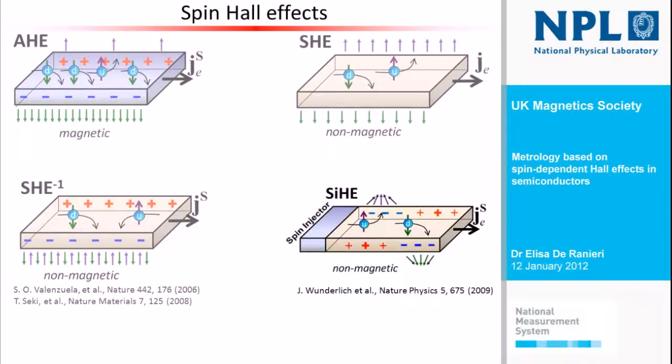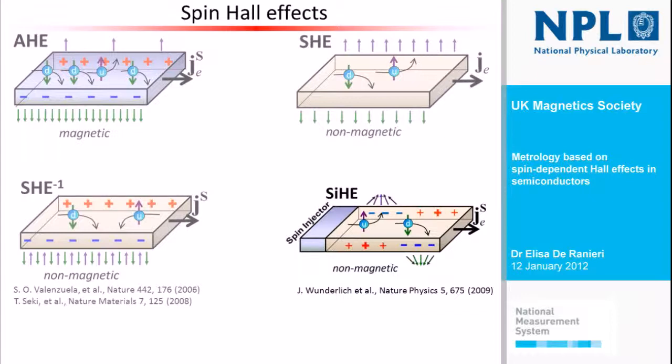And last, this concept of the spin injection Hall effect, which was proposed by Wunderlich and co-workers, is about injecting a spin polarized current in a non-magnetic material, and you can look at this as a sort of combination of the anomalous Hall effect and the spin Hall effect, in the sense that you do have this spin-dependent transverse deflection of electrons that in this case does build up a voltage across the channel that you can measure because the current is spin polarized.